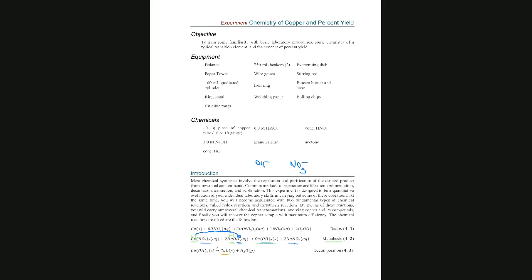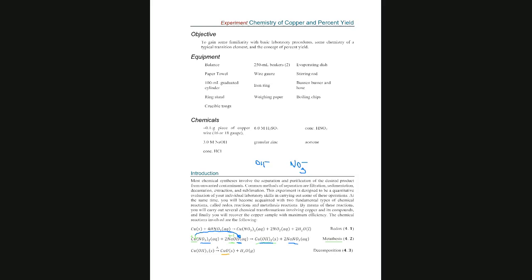And then what happens? If you were in the lab, you will wash the black precipitate with water many times, because you only want all the copper to combine as copper oxide. You want to do this the best of your efficiency.